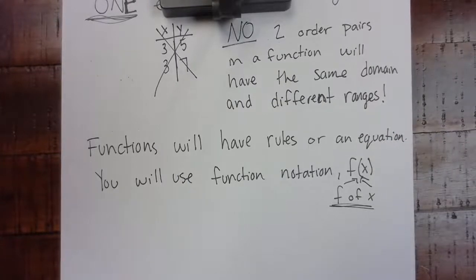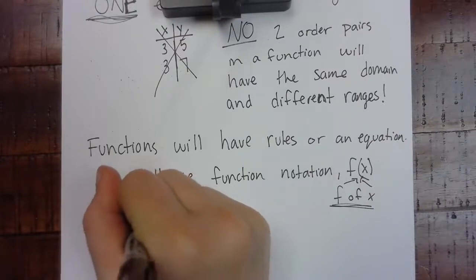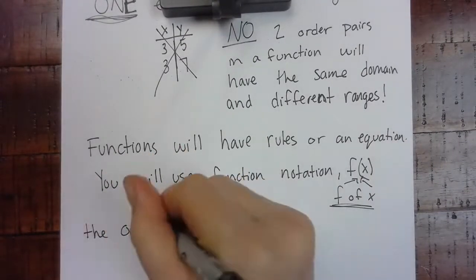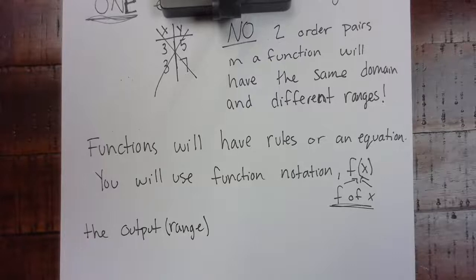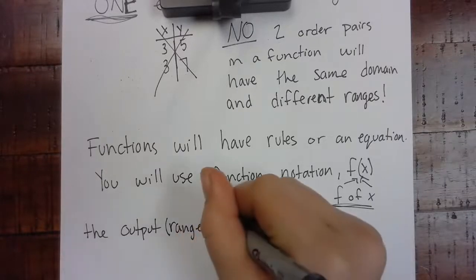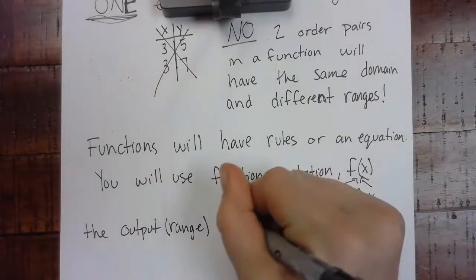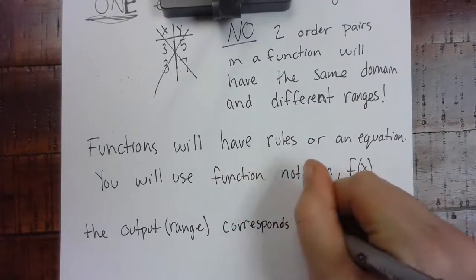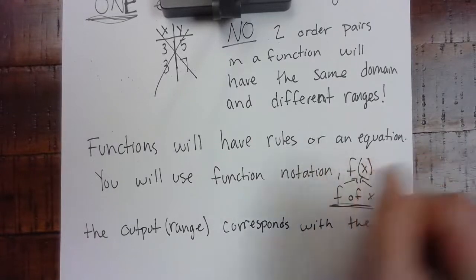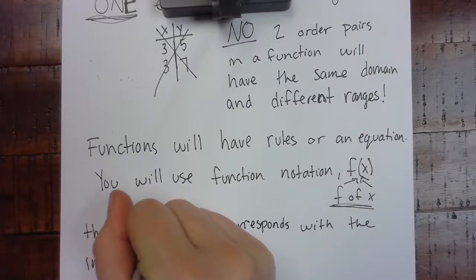So writing your function notation that way is going to show that the output, basically your range, corresponds with the input, which the input is just the domain.